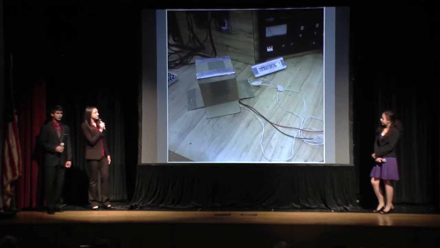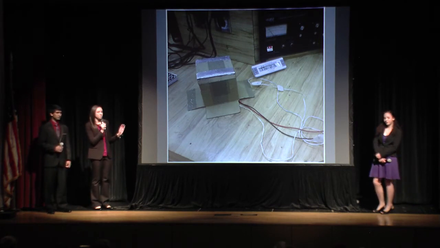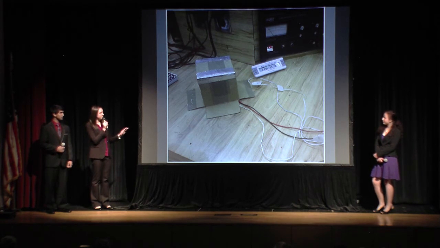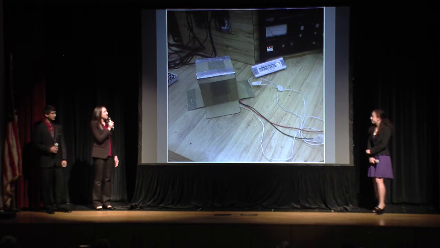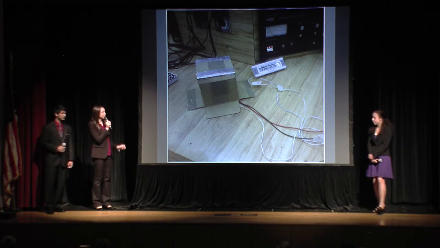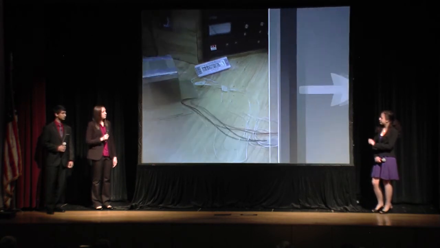The evolution of our testing apparatus started with this really primitive cardboard box. We put tape for insulation, but it still wasn't efficient. And we had a light bulb inside with a little dish of phase change material and a thermometer to see if there was any difference in temperature.